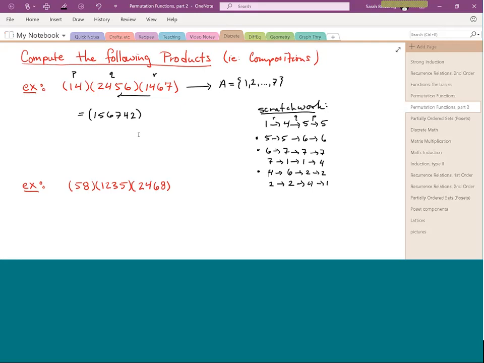So we're only missing 3, which means when we start our next cycle, you start the next cycle with the smallest number that you haven't used yet, which is a 3. But 3 is the only number you haven't used yet, and 3 is completely missing from these cycles here, which tells you that 3 is a little 1 cycle. So if you didn't want to write it at all, you didn't have to.